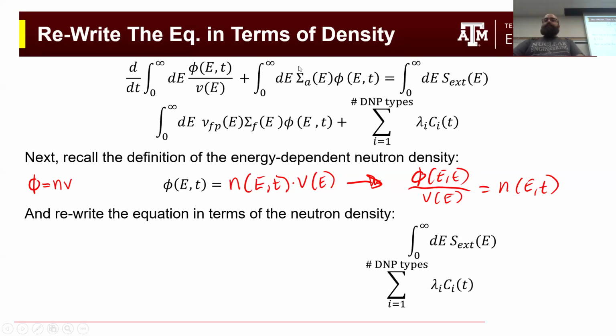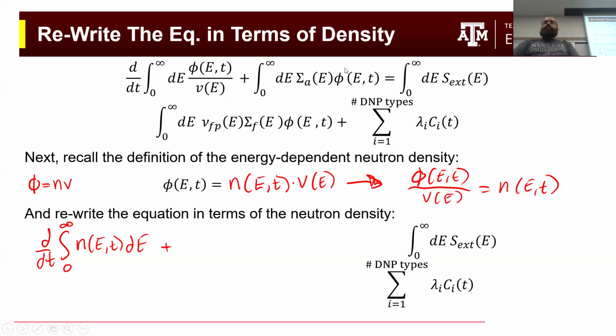So I'm going to substitute this in right here. Inside of this integral, instead of having phi over v, I'm just going to have the energy dependent neutron density. So that term is going to look like d by dt of the integral from 0 to infinity of my N of E and t integrated with respect to energy.